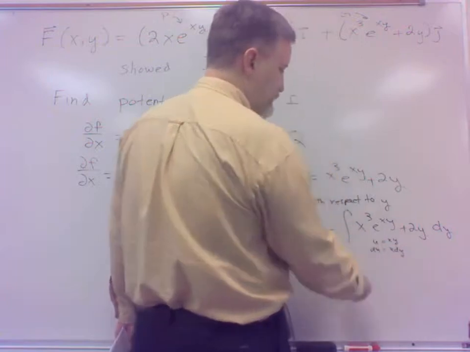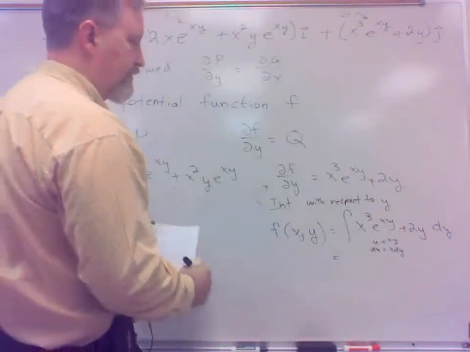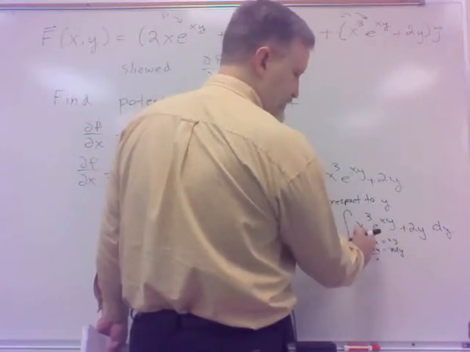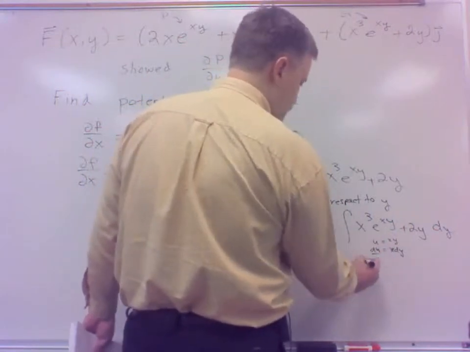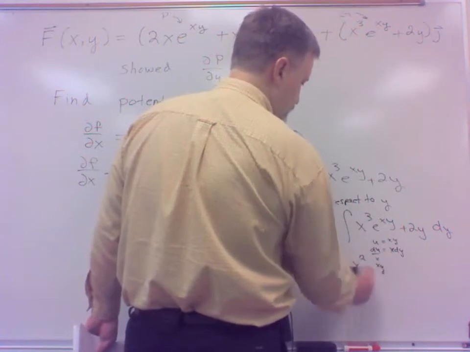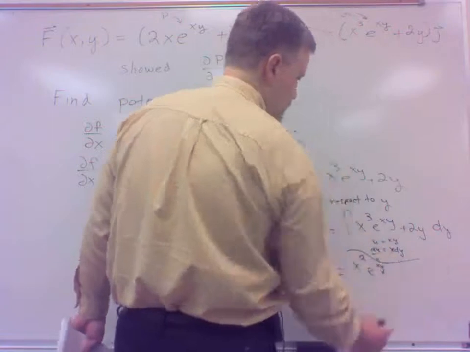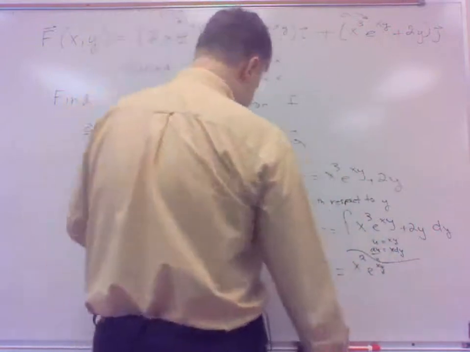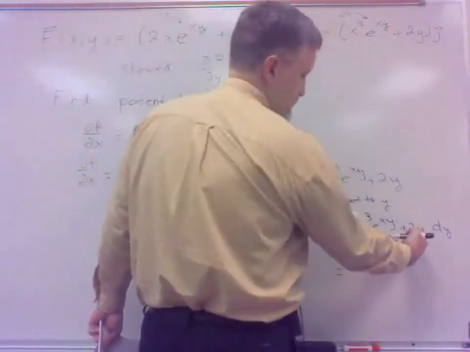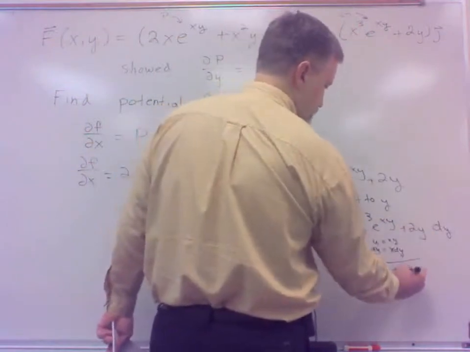So yep, we've got the x squared, so basically it'll cancel one of those out, right? So we get x squared e to the u, so that would be x squared e to the xy. See what I'm doing there? And like I said, this then is just the power rule, so that's y squared divided by 2, so the 2's cancel, so we just have y squared there, right?